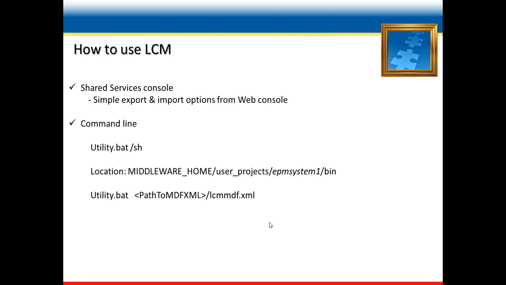Here, for example, the LCM MDF is an XML which has the definition, so we can call it from the command line utility with the syntax utility.bat if it's a Windows system, and utility.sh if it's a Unix based system. After that we can provide the complete path to the XML file, and just hit enter.